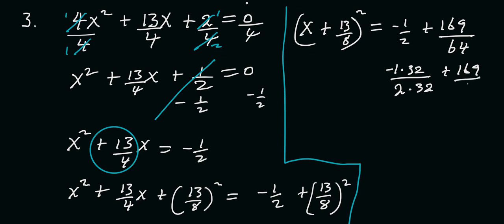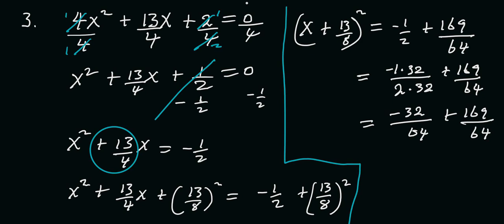169 over 64. So negative 1 times 32 will give us negative 32, and 2 times 32 will give us 64, plus 169 over 64. So now, since we have the common denominator to be 64, all we have to do now is to subtract 32 from 169.